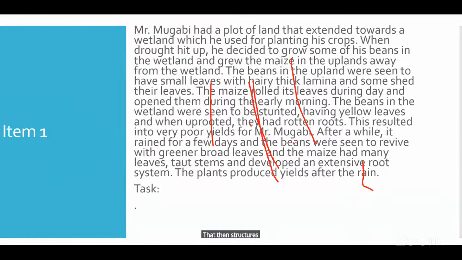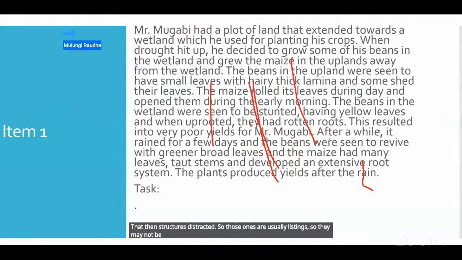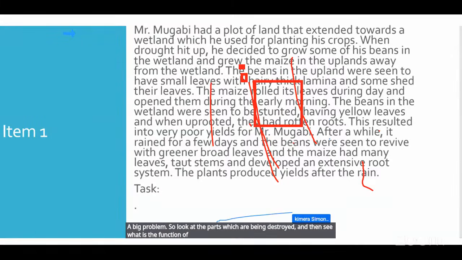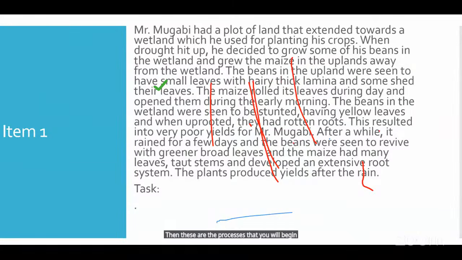So those are usually listings, so they may not be a big problem. Look at the parts which are being destroyed and then see what is the function of each of those parts. Then these are the processes that you will get. I hope I managed to respond.